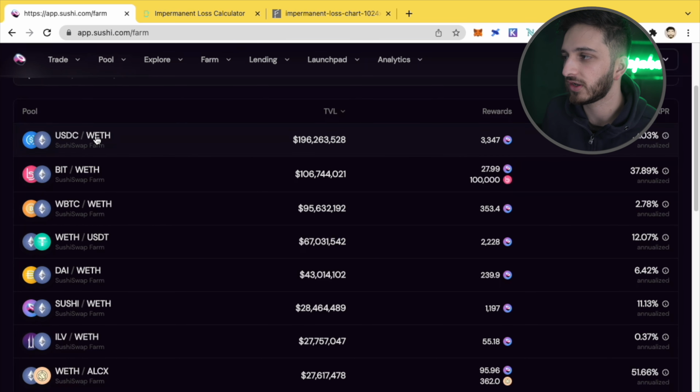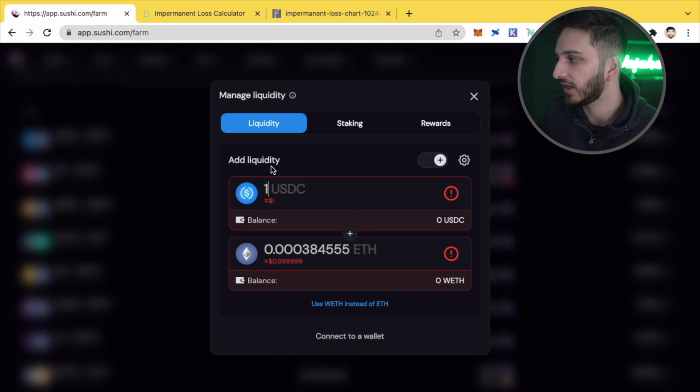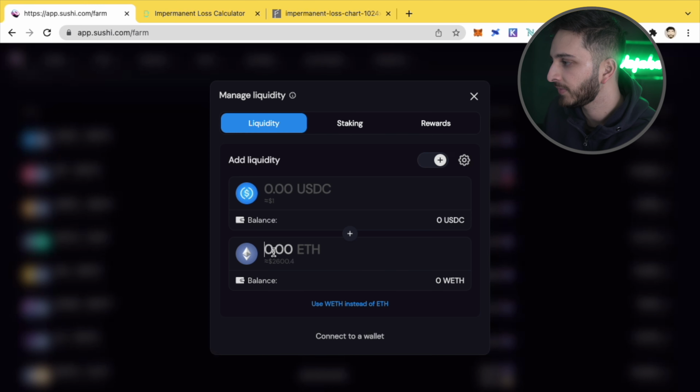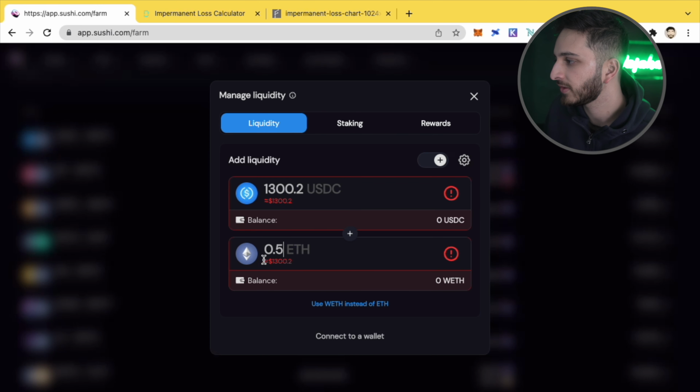So when you provide liquidity, like I mentioned, you're just going to add an equal amount of both. So let's say we had 0.5 Ethereum. That's about $1,300, and we'd also have to include about $1,300 worth of USDC as well. And then you can click provide, and your pool will be there generating you some nice passive income.